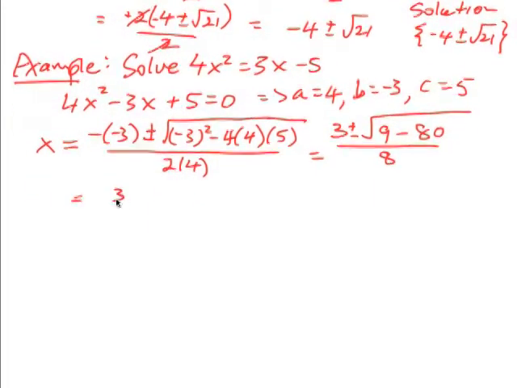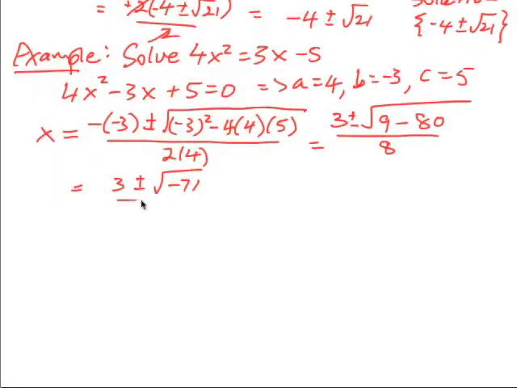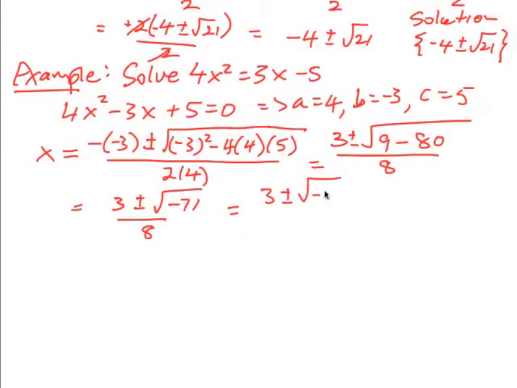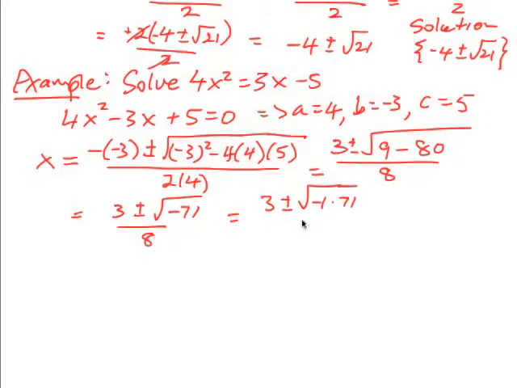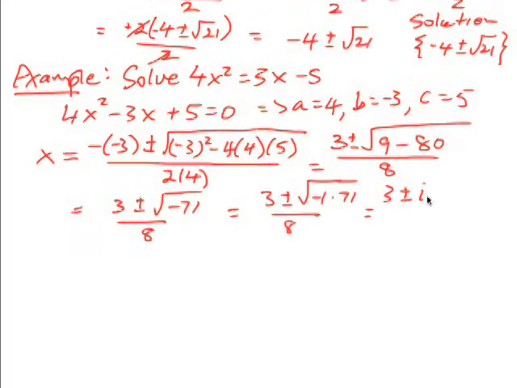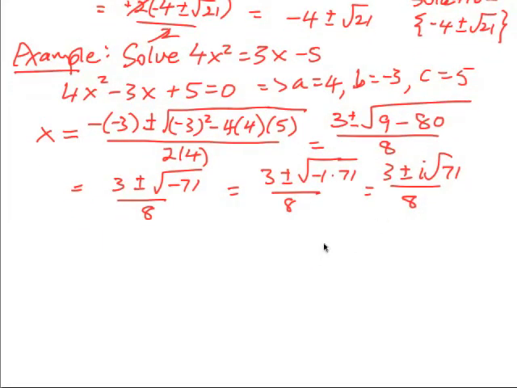So this will become 3 plus or minus the square root of negative 71 over 8, which will be 3 plus or minus the square root of negative 1 times 71 over 8, which is 3 plus or minus i root 71 over 8. And there's no other way that we can simplify this, so our solution would be 3 plus or minus i root 71 over 8. Right, so that's how we do that.